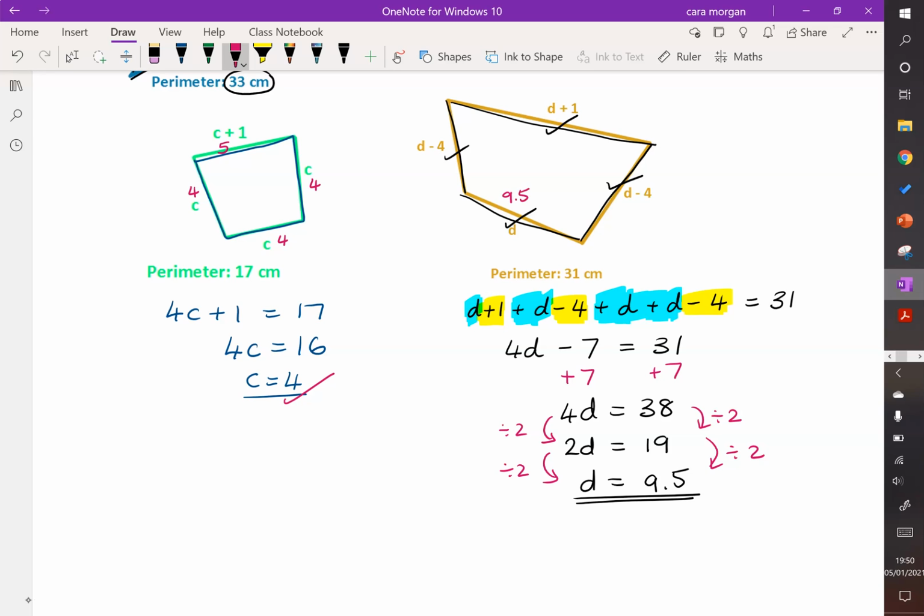So I'd have 9.5, I would have 10.5, I would have 9.5 subtract 4, which is 5.5, and 5.5 over there. So if I add those all together, I'm aiming for 31. So opposite sides make 11, and 10, 19 and 20, which makes 31. I'm confident that D is 9.5.